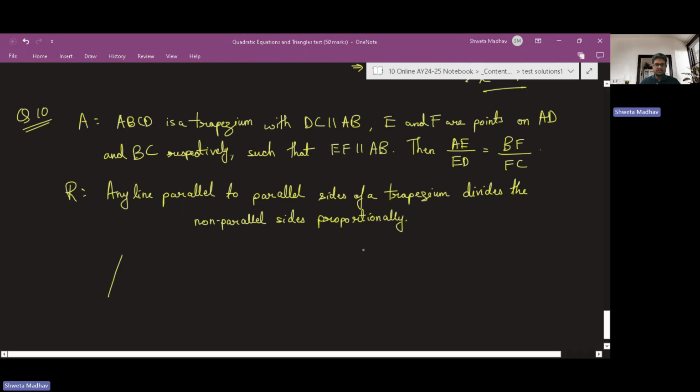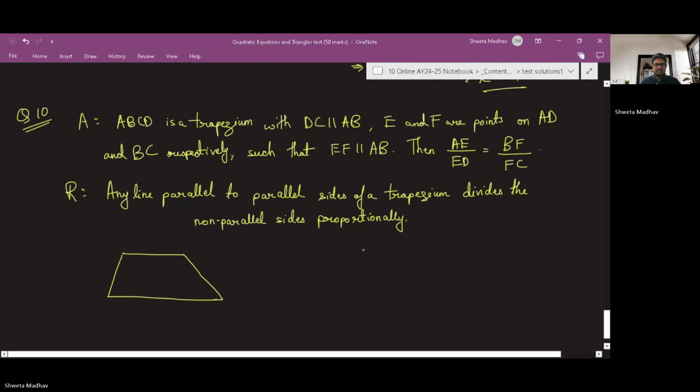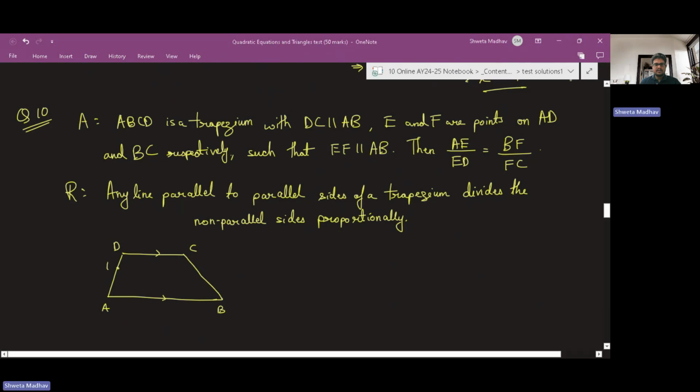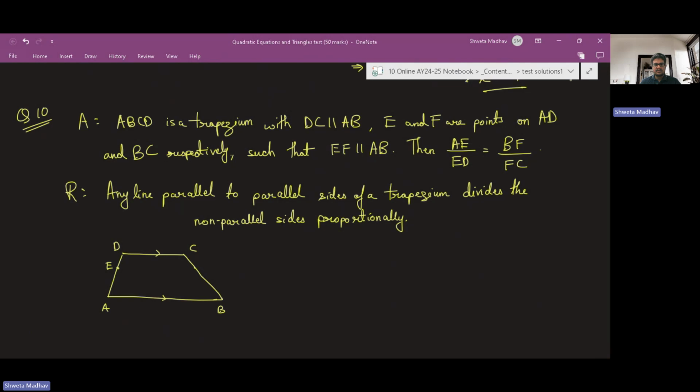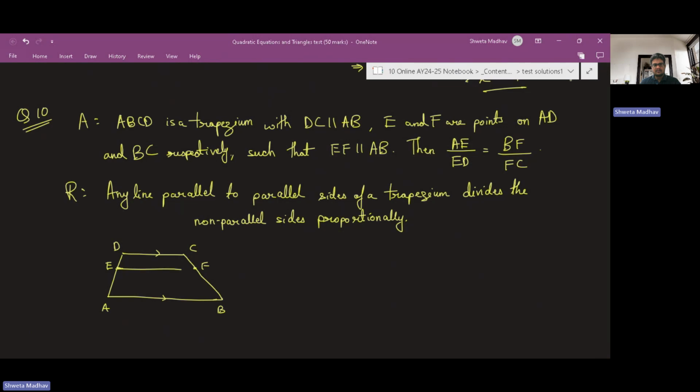So here it is given that ABCD is a trapezium where AB is parallel to DC, and E and F are points on AD and BC, so that EF is parallel to AB.